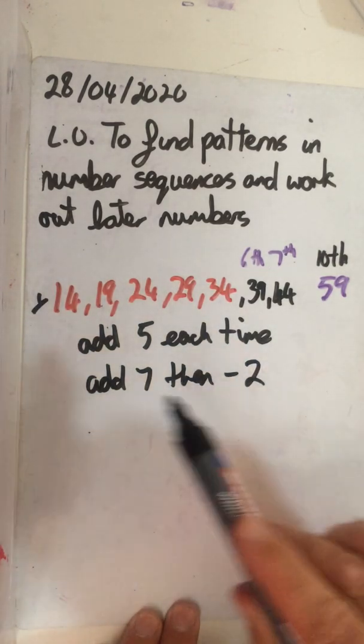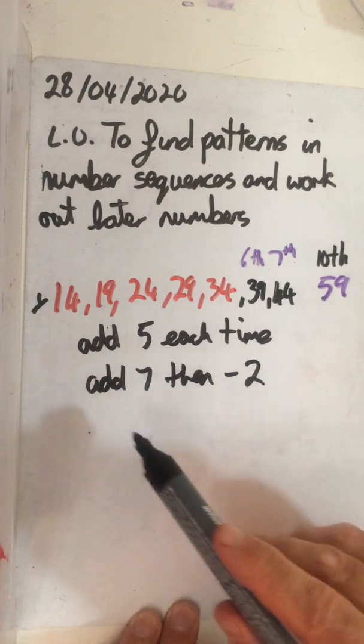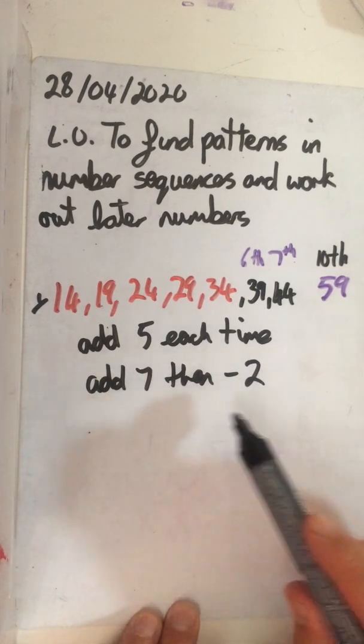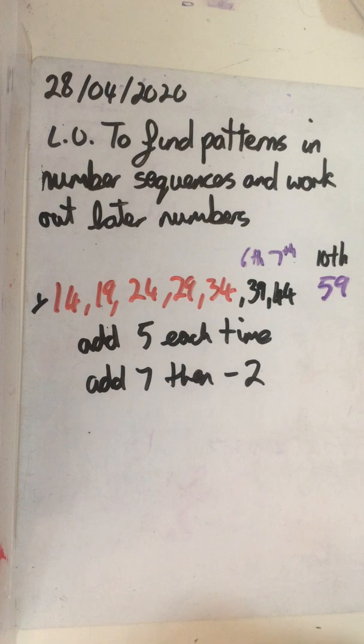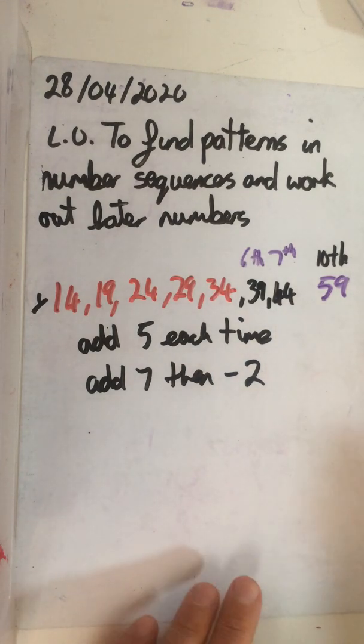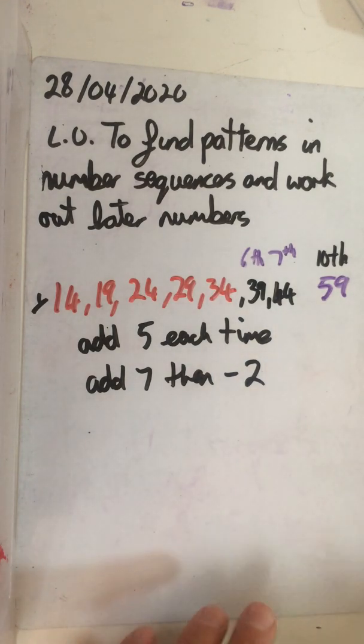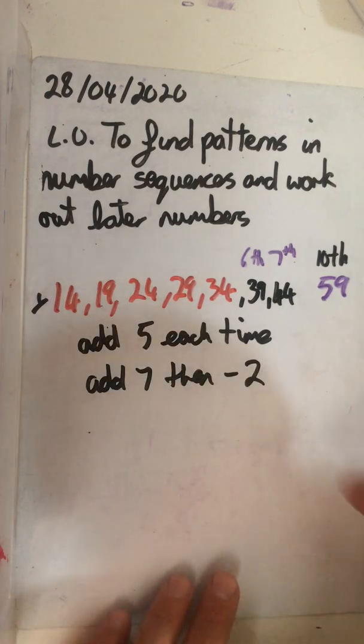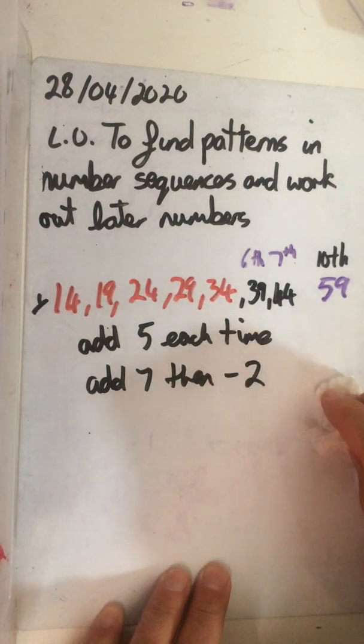Because 7 take away 2 is 5. If you wanted to come up with a different sort of rule, it's up to you. Nothing too over the top, like add 1,000, take away 995. Don't worry about anything daft like that. But if you want to do a different kind of rule, you can.